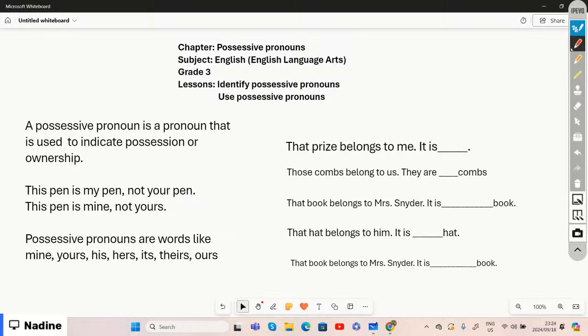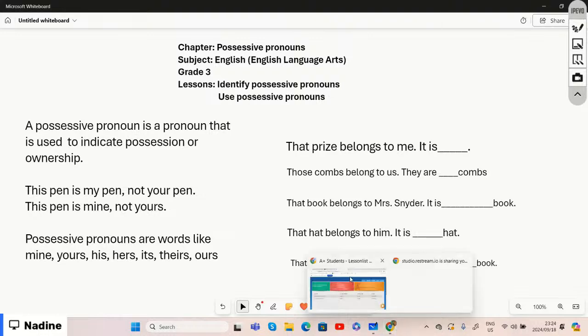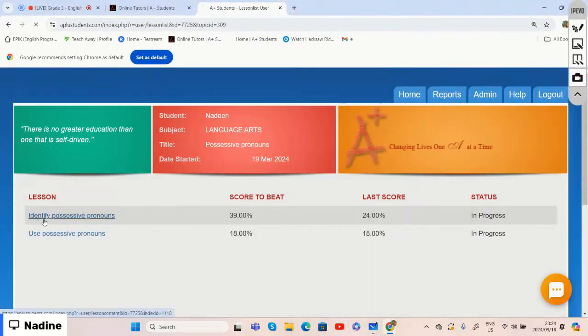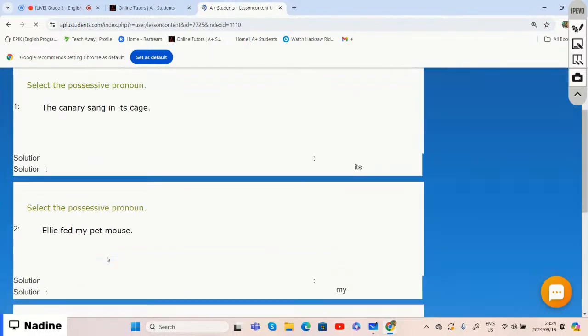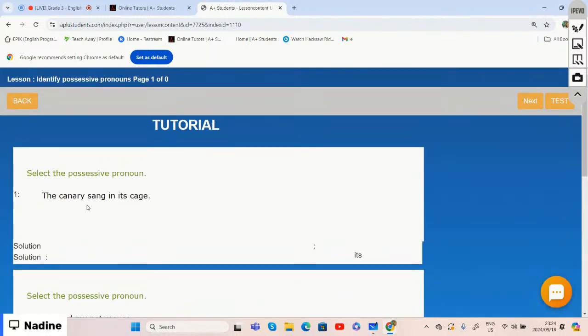All right, so now we're going to A plus students.ca. We're going to identify possessive pronouns and use possessive pronouns and go to our test. Here we're now going to underline and identify the possessive pronoun.